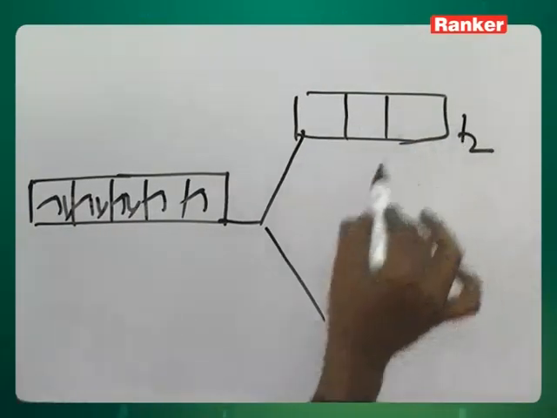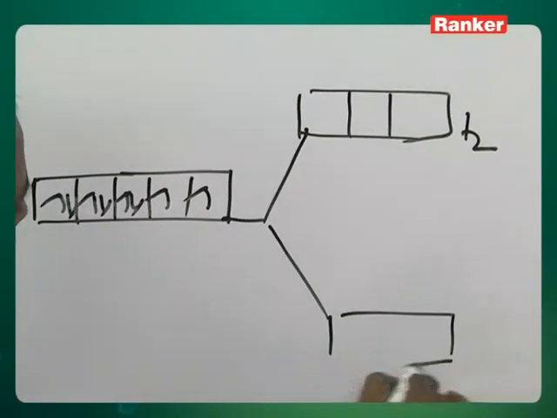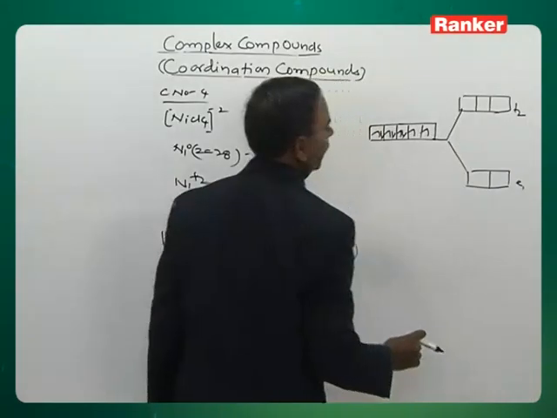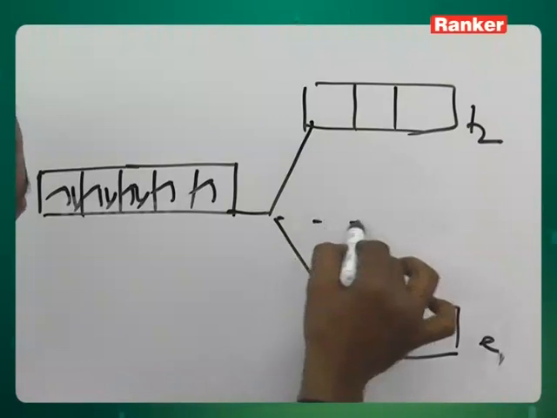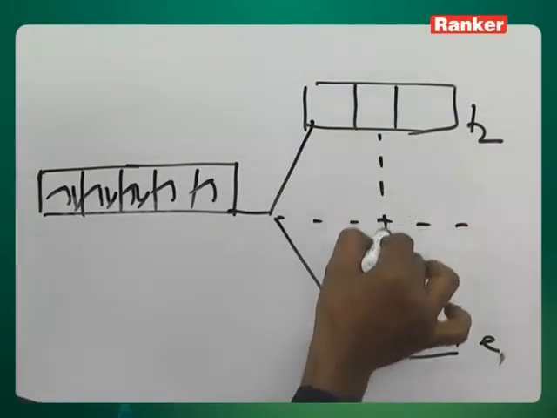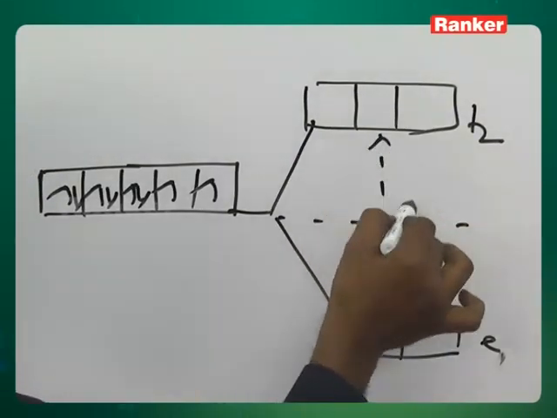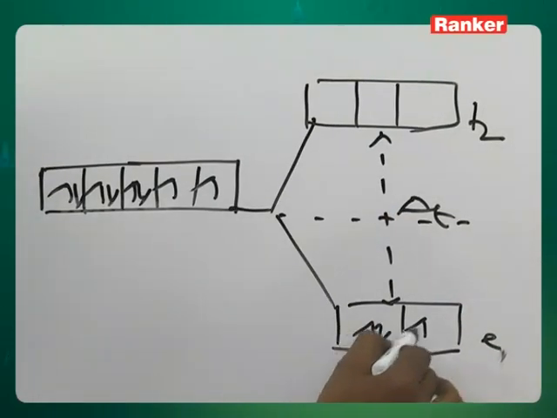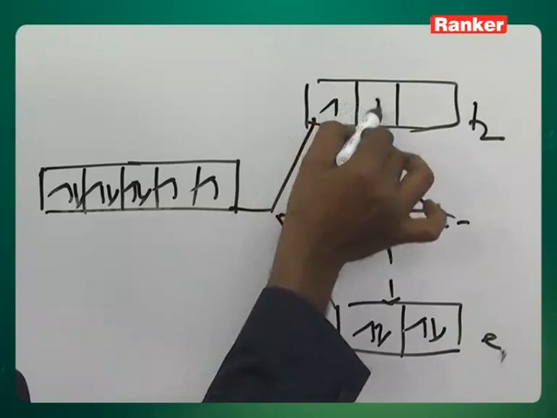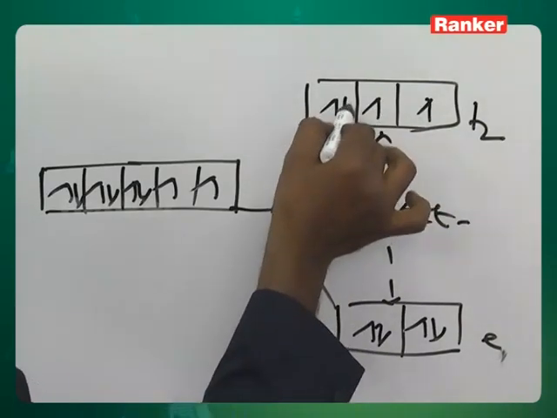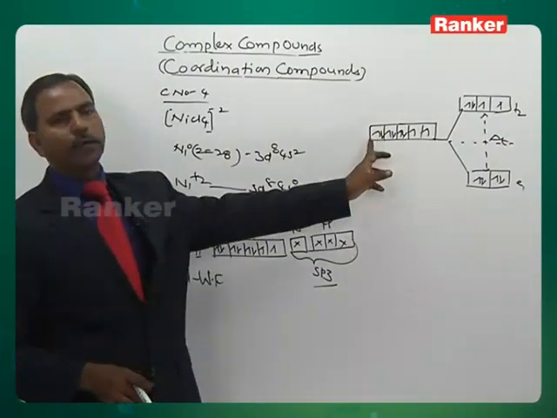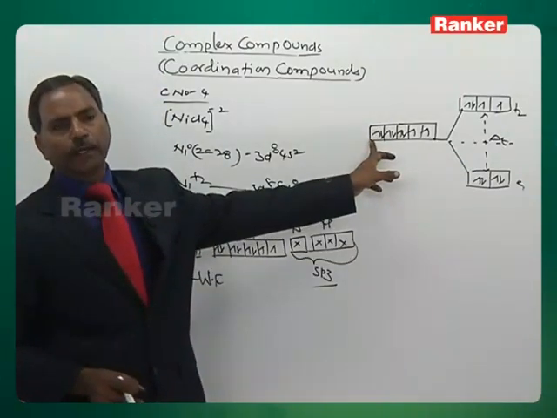T2 is the set of orbitals at higher energy, and E is the lower energy set. Let me write E and T2. The difference between these two we represent by delta T. Then the arrangement of electrons: 1, 2, 3, 4, 5, 6, 7, 8. This is the arrangement of electrons, the splitting of d orbitals in tetrahedral geometry.